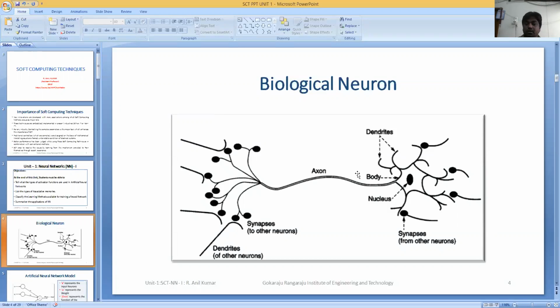A biological neural model is also known as a spiking neural model.